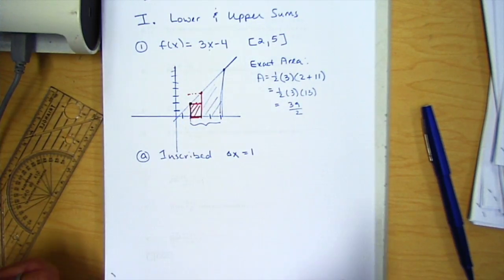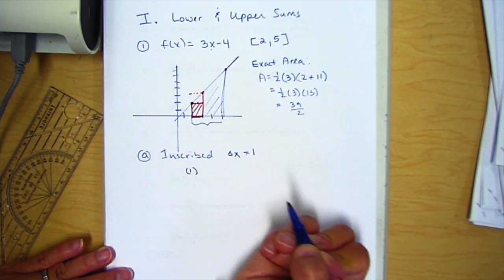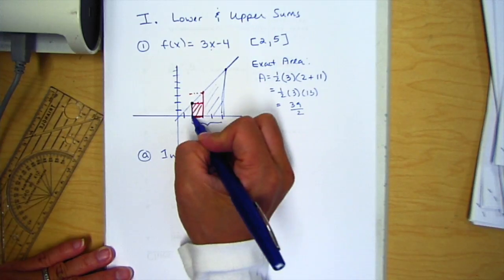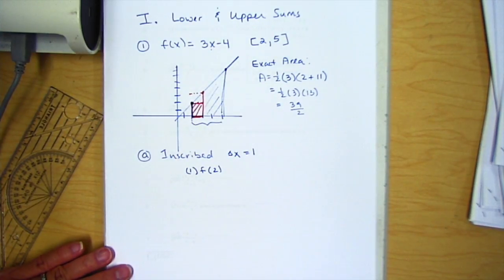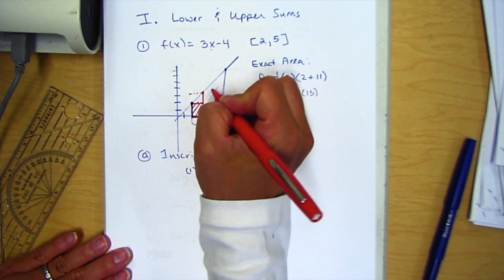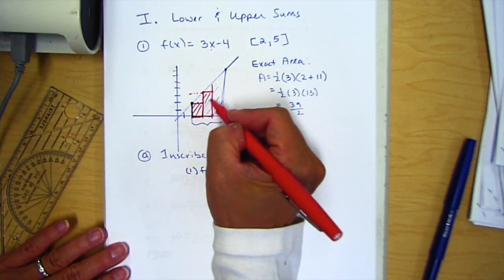Let's think about what the area of that rectangle is. The width is 1, and the height of this rectangle will just be f of 2, whatever that y-coordinate is. And we're going to do that for the next rectangles. Again, notice I have to hit it on the left side to make this an inscribed rectangle. There's my next rectangle.